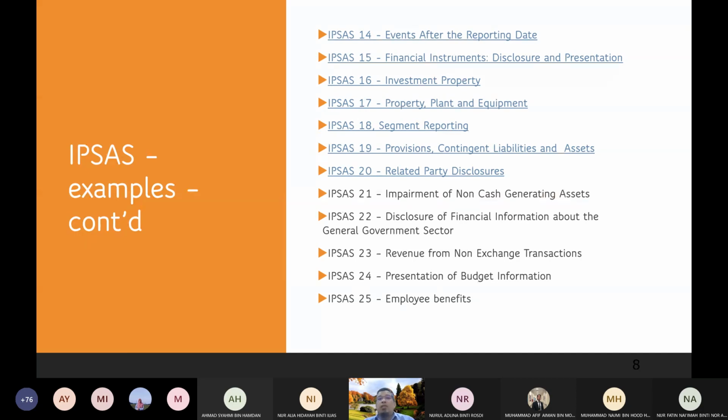For instance, IPSAS 17 is on PPE, so you can expect that MPSAS 17 should also be PPE. IPSAS 23 is on revenue from non-exchange transactions, so later on we can see that MPSAS 23 will also be revenue from non-exchange transactions, as an example.